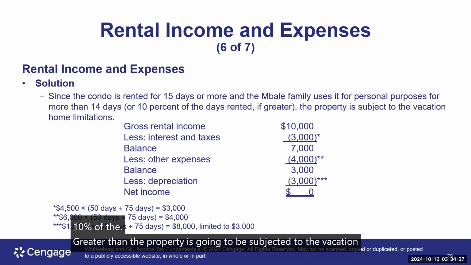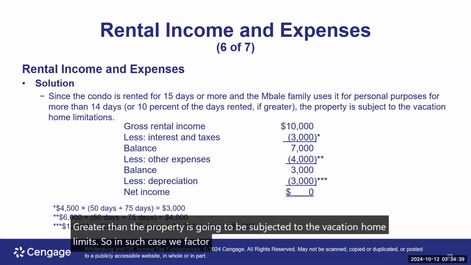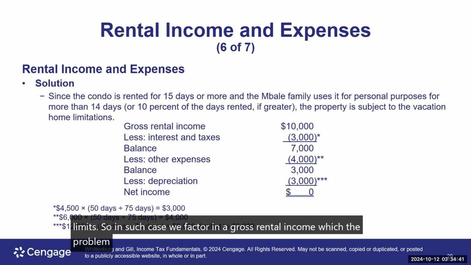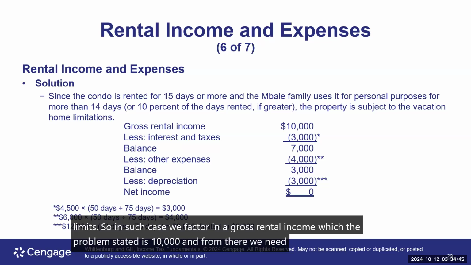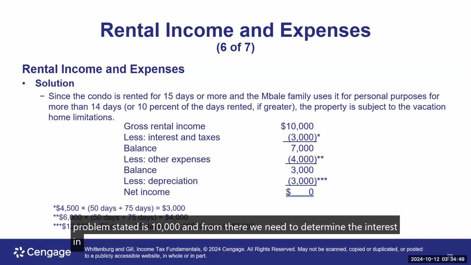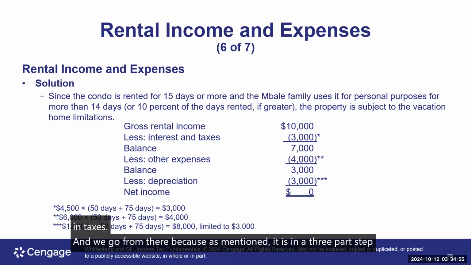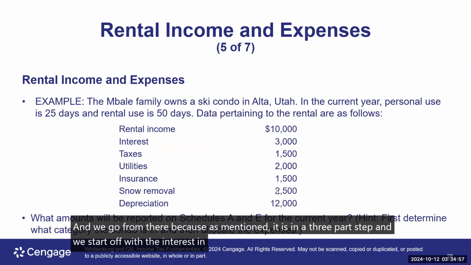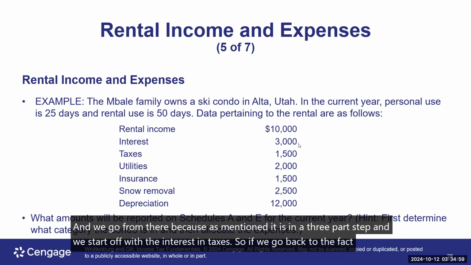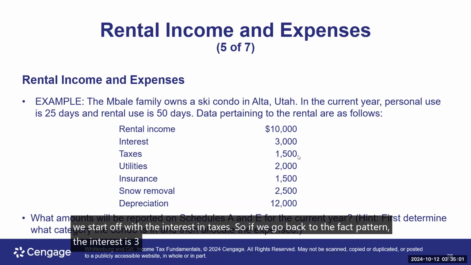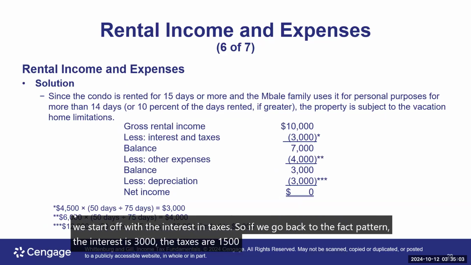So in such case, we factor in the gross rental income, which the problem stated is 10,000. And from there, we need to determine the interest and taxes, because as mentioned, it is a 3-part step, and we start off with the interest and taxes. So if we go back to the fact pattern, the interest is 3,000 and the taxes are 1,500 for a total of 4,500.